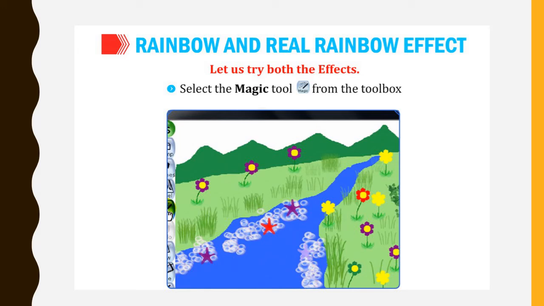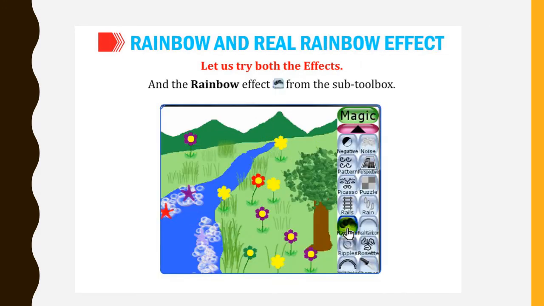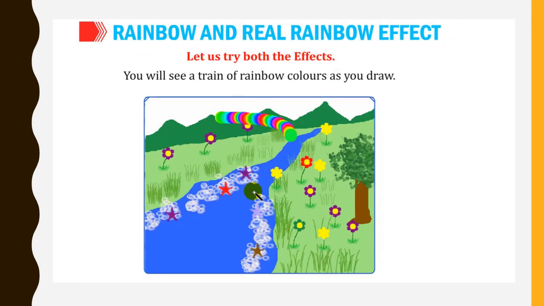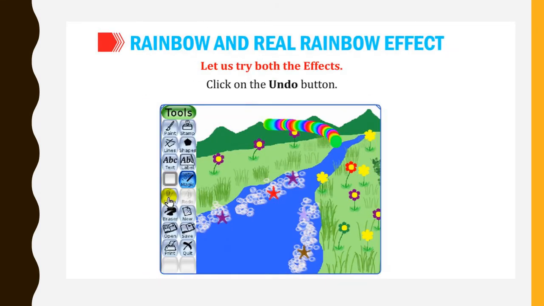Select the magic tool from the tools bar and the rainbow effect from the subtool box. Now place your magic wand anywhere in the drawing area and drag it to some other point of arc shape. You will get a trail of rainbow colors as you draw. Click on the undo button.